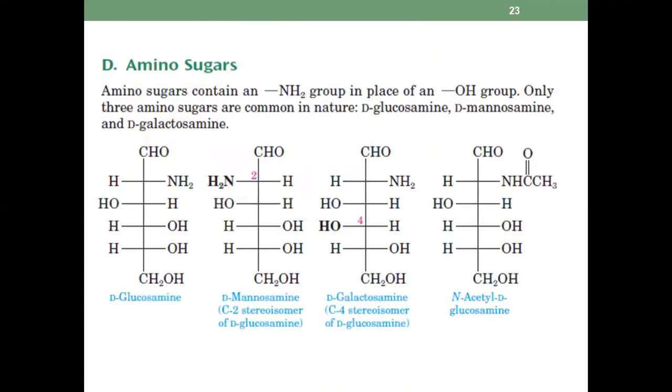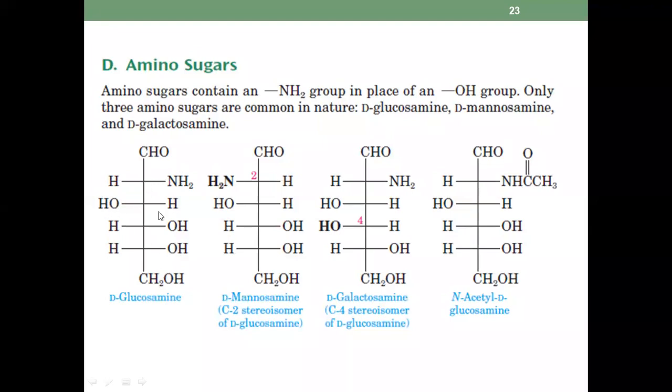And there is an amino sugar also, another kind where one of the OH groups is replaced with an NH2. So we call this one amino. For example, you have glucose, a 6 carbon sugar, and you have your OH, OH, OH on the right side, and the other is on the left.